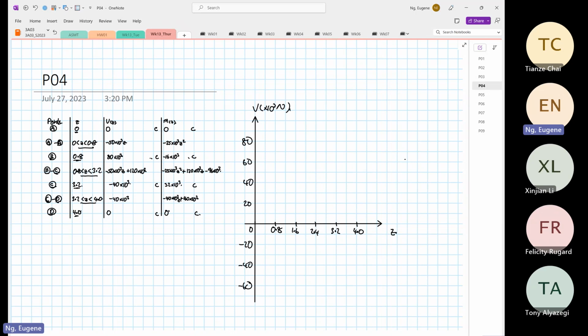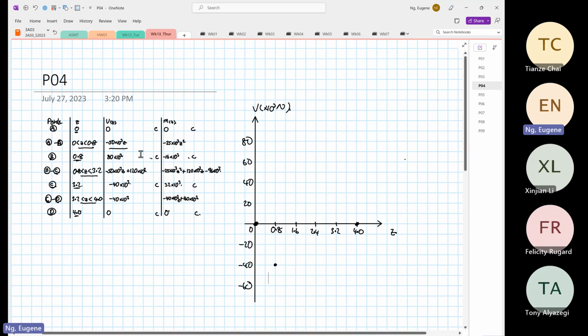Okay, so we know the 2 points. This is your point A and your point D, both ended up at 0. Then you have a function of what? Minus 50 times 10 to the power 3 between the limits of 0.8. Okay, so you will have minus 50 times 10 to the power 3 times 0.8. You have minus 40. Okay, so this is where you have minus 40.